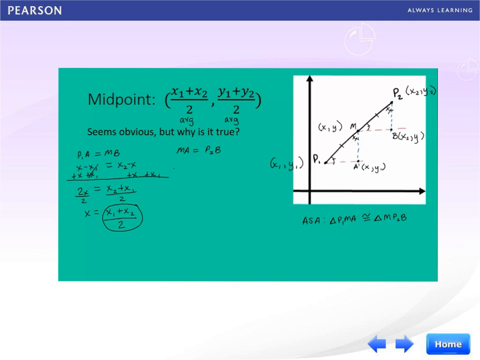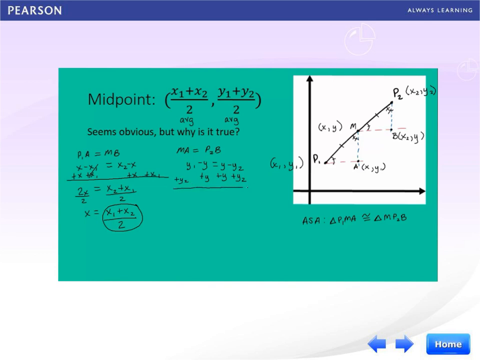Let's try the y's now. The distance from M to A is y1 minus y, and the distance from P2 to B is y minus y2. So let's see, how could we get our y's together and our other things away from that? I'm just going to move that over there, and I'm going to add a y2 to both sides.